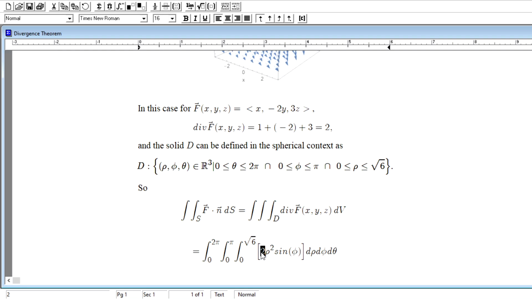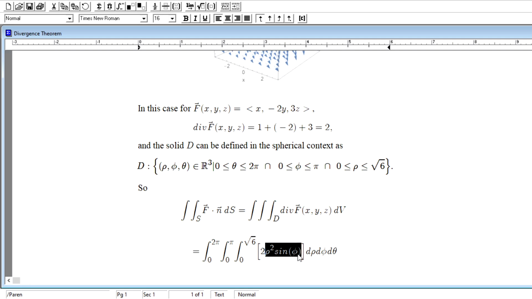But because we are approaching this with region D defined in the spherical coordinate system, we are going to integrate d rho, d phi, d theta, where we need to incorporate that extra Jacobian multiplier into our integrand, which is given by rho squared sine phi.